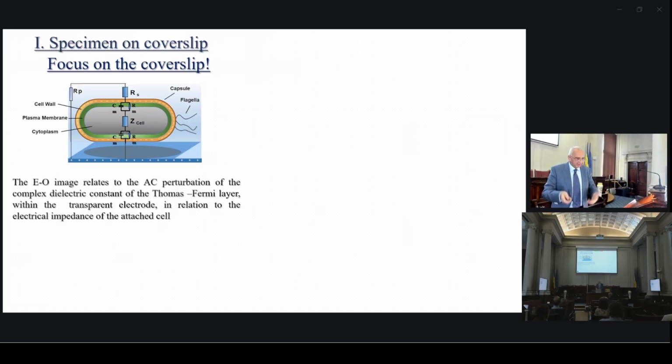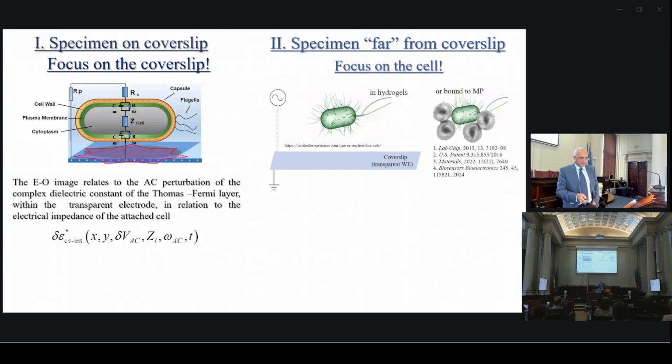From the electrical perspective, what we measure is the modulation, the perturbation of the complex dielectric constant of the Thomas-Fermi layer within the transparent electrode. It is not the cell itself. Everything is encrypted in this dielectric constant and its fluctuation.